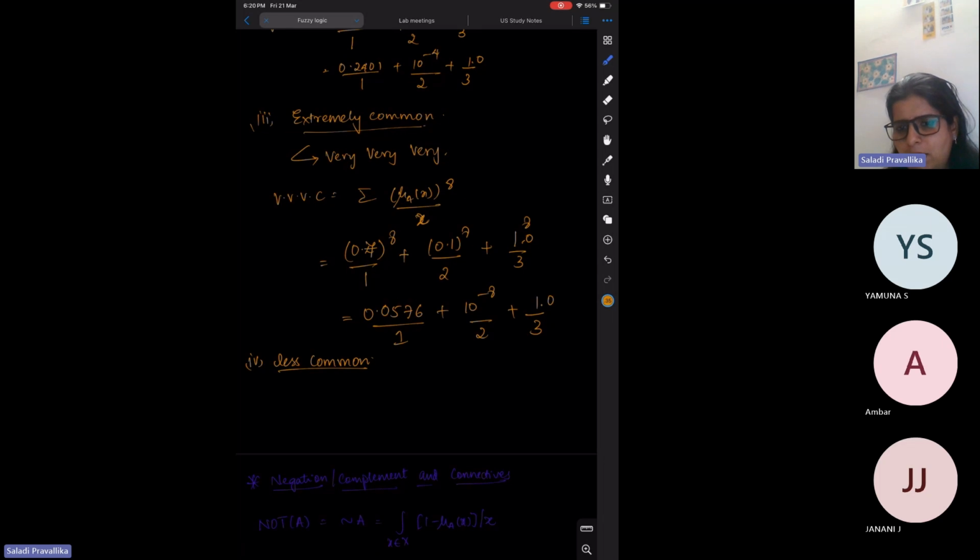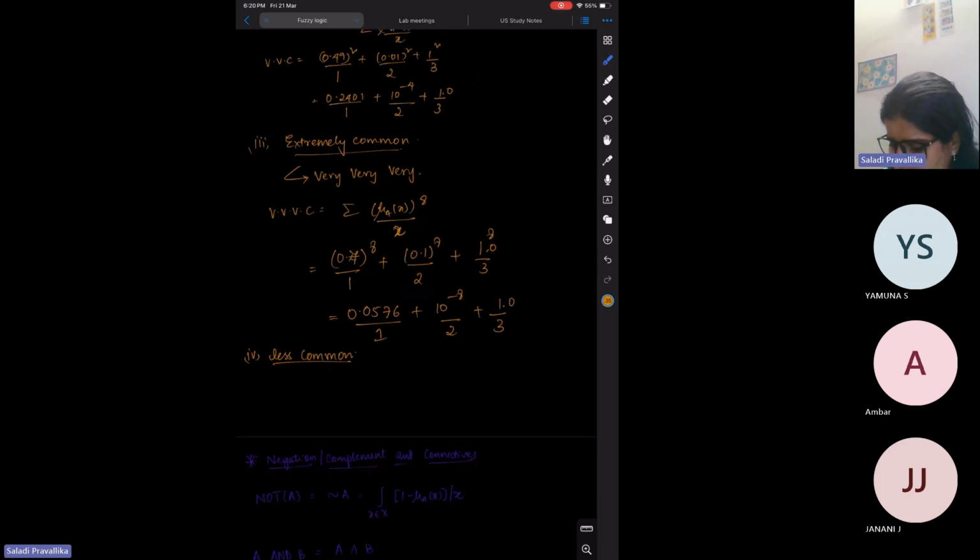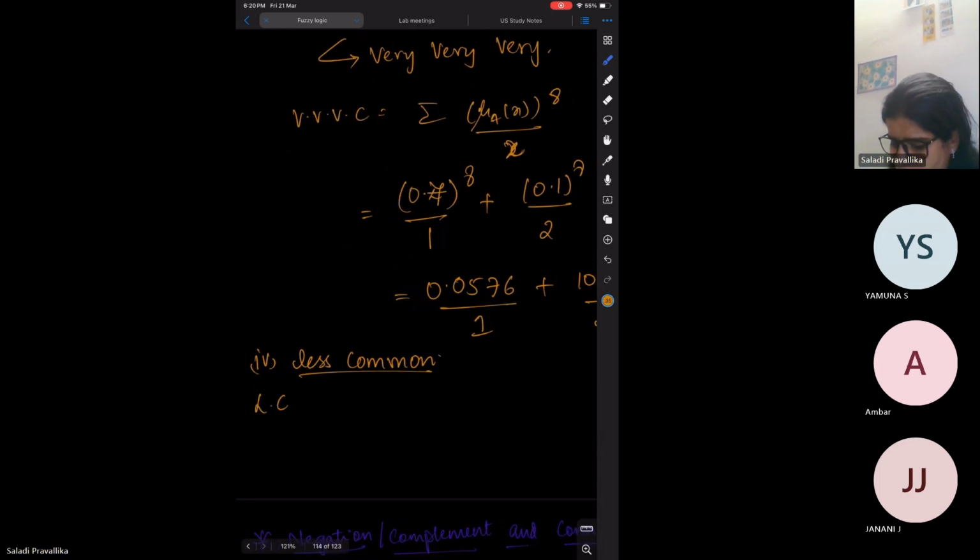Do we do square or do we take a square root? Square root. Yes, Yamuna. Thank you. So for "less common" or "more common", we take the square root. 0.7 for 1, 0.1 for 2, and square root of 1 for 3.